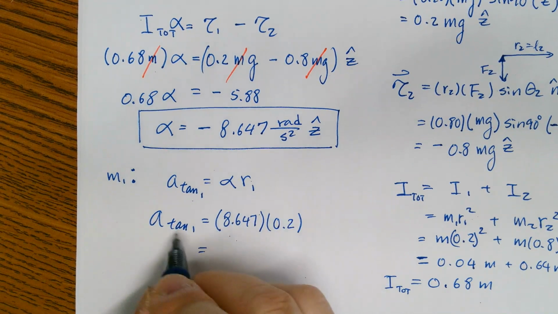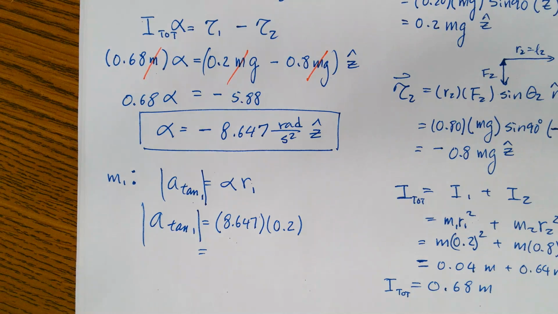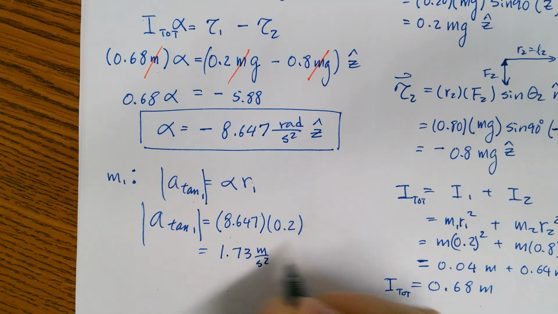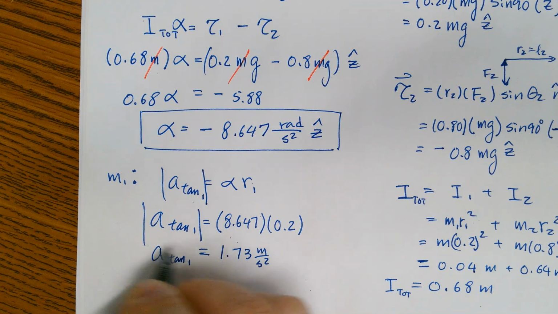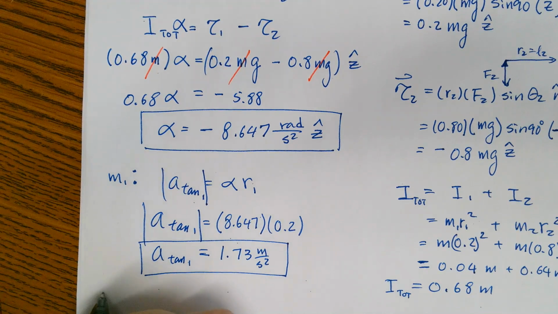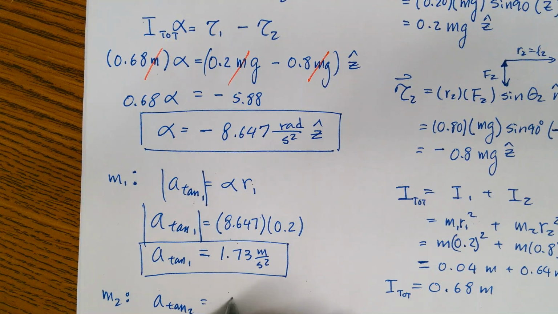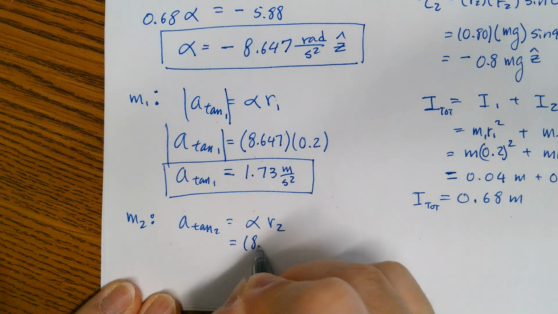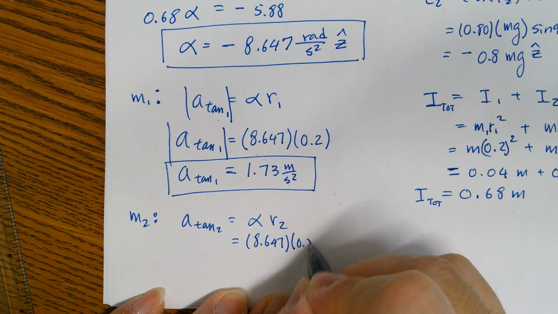So the magnitude of the tangential acceleration is 1.73 meters per second squared. That's how fast the acceleration is for M1. And for M2, the tangential acceleration is alpha R2, which is again 8.647 times 0.8.